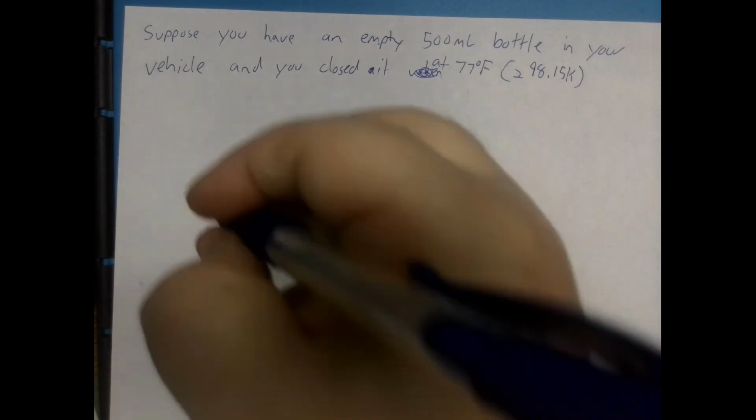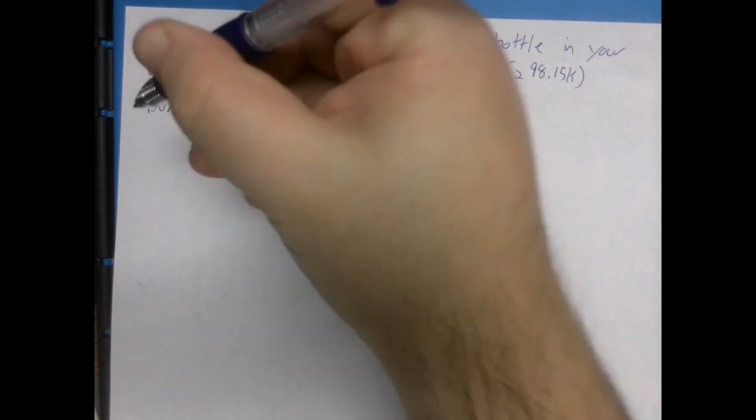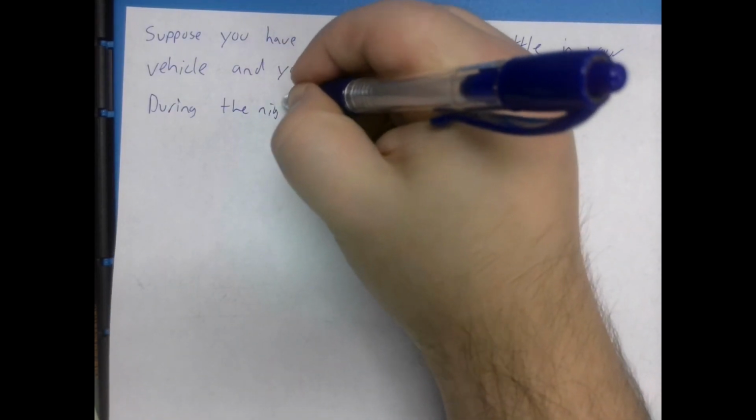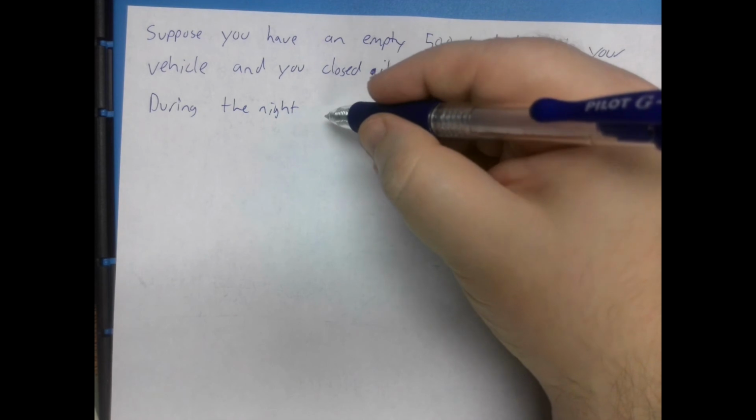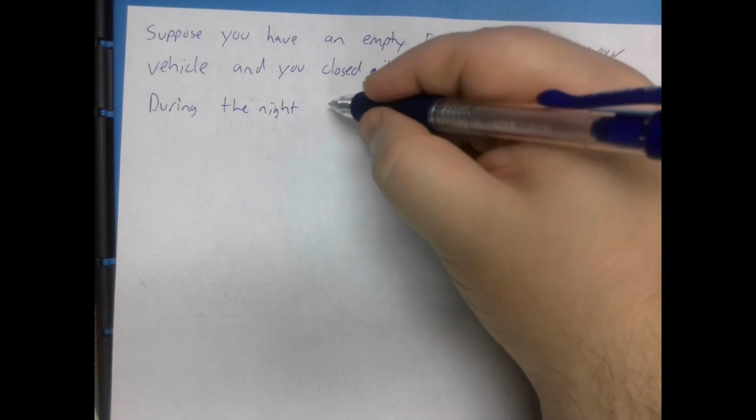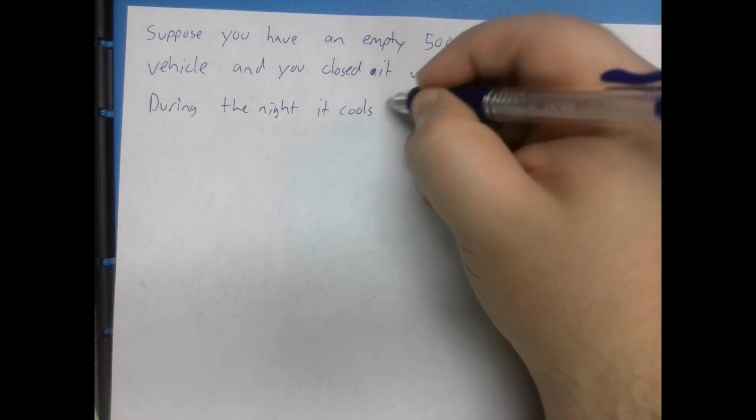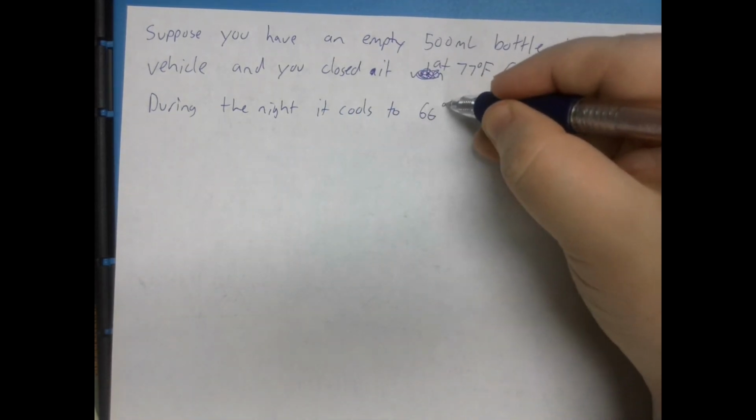You closed it at 77 degrees Fahrenheit, which is 298.15 Kelvin. During the night, it should get down to 66. During the night, it cools to 66 degrees Fahrenheit, which is 292.039 Kelvin.